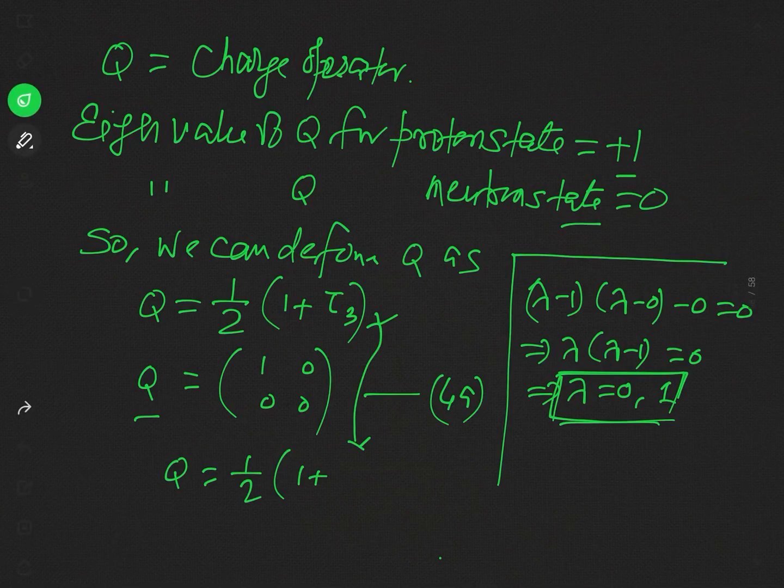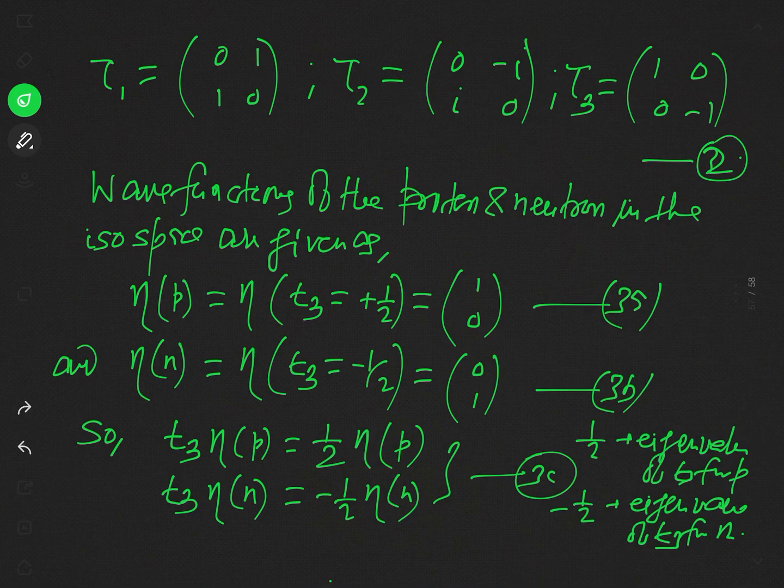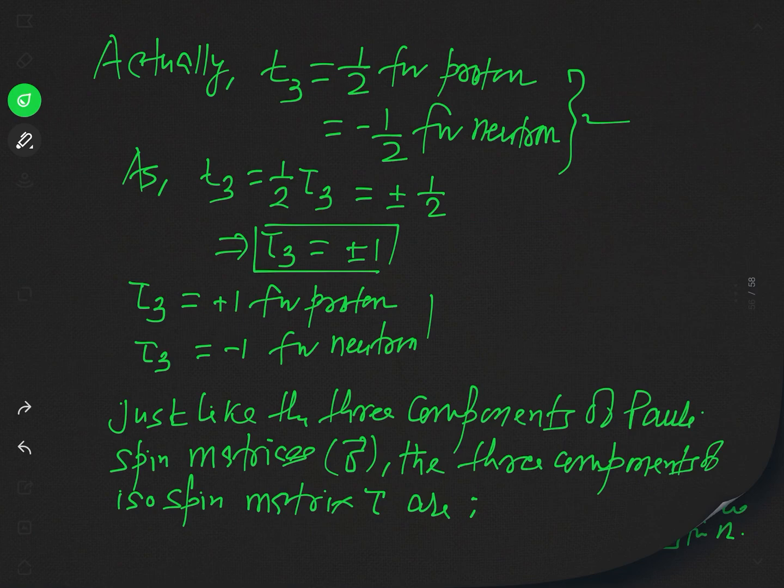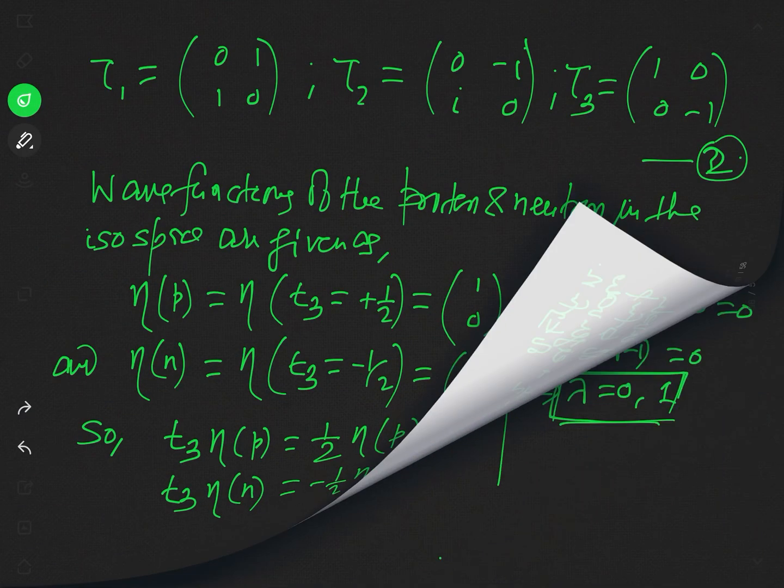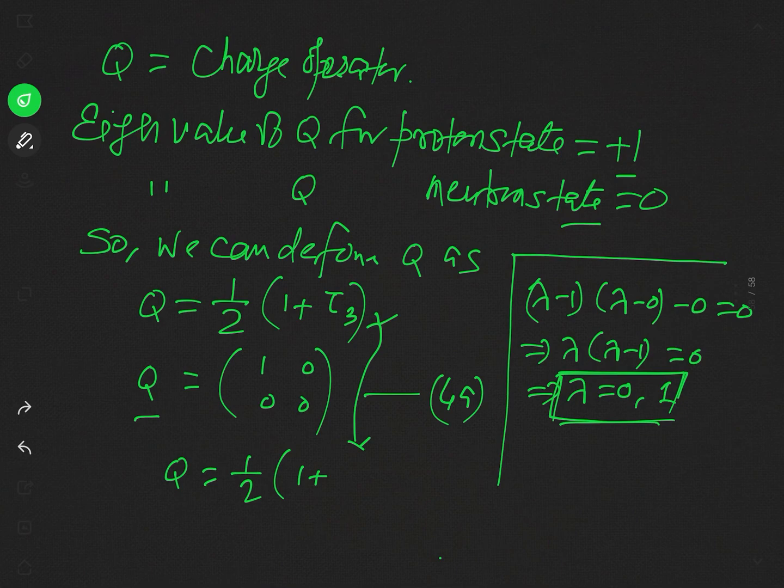Here I have just mentioned the value of tau 3 in this matrix form, or you can take the value of tau 3 like this, that is +1 for proton and -1 for neutron. So if we take the value of this tau 3 as plus or minus 1, what will be the value of Q?